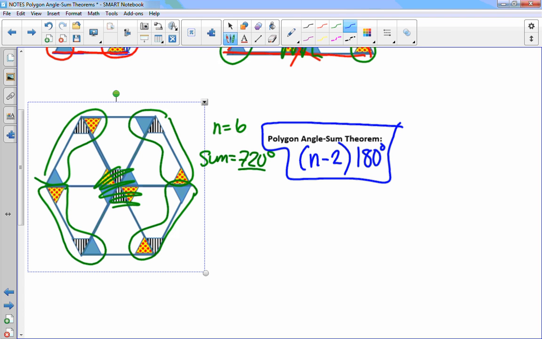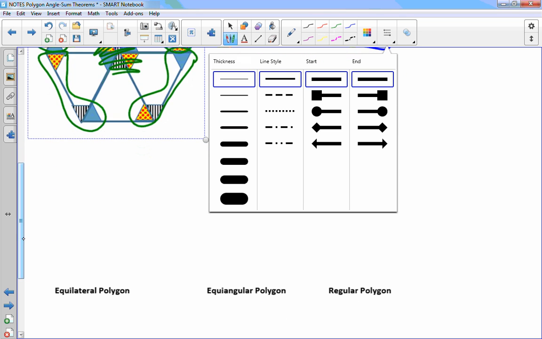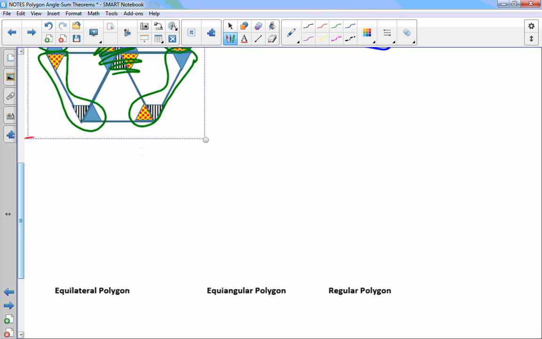So we're going to try using the formula. We're going to try to find the sum of the interior angles.